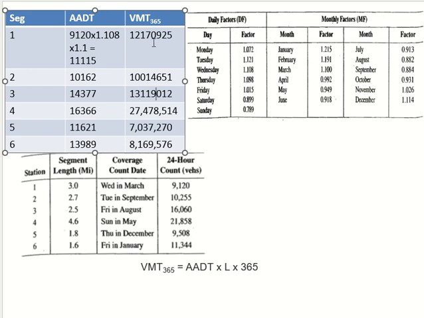Which section has the highest VMT? So what do we say about section 4? It has higher demand and longer distance. I look at the distance, I look at the demand. What is the purpose of VMT?